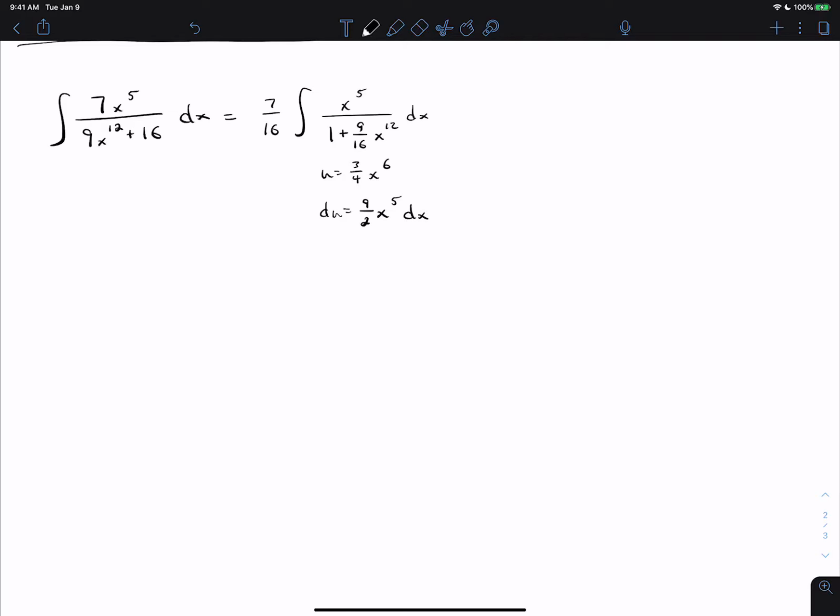So now we need the 9/2 x to the 5th at the end of the problem. We move the x to the 5th off the fraction. We put 9/2 here, which means we need 2/9 outside.